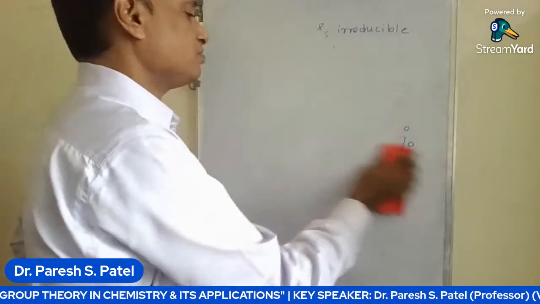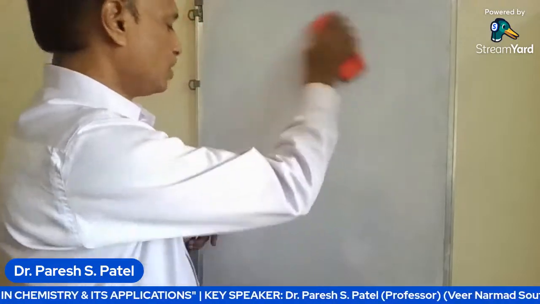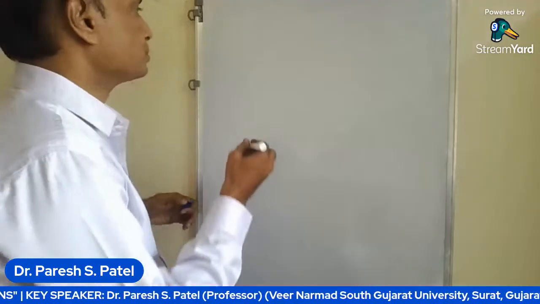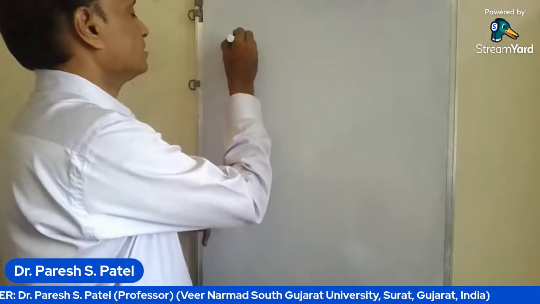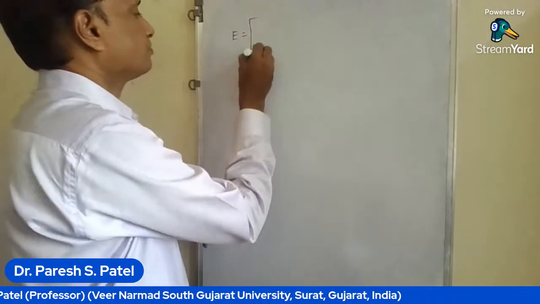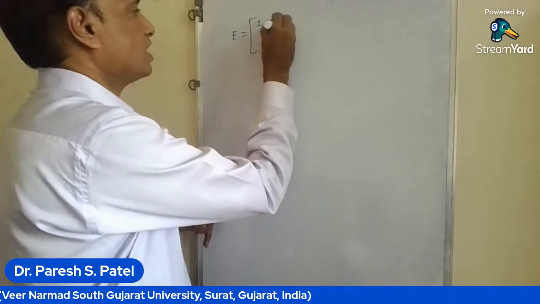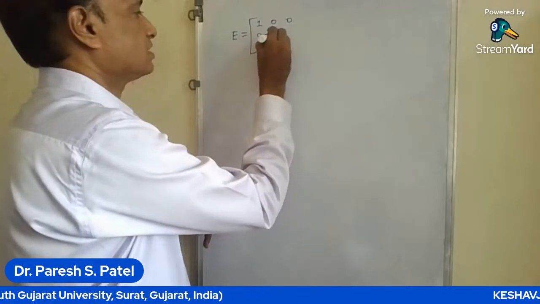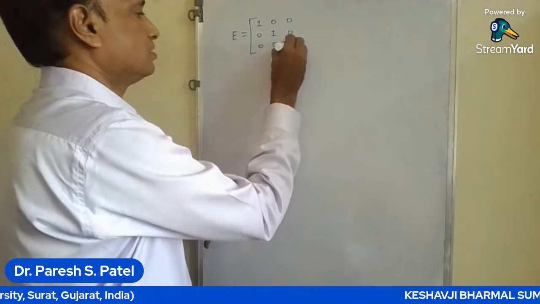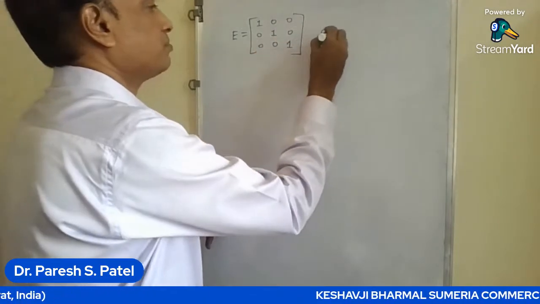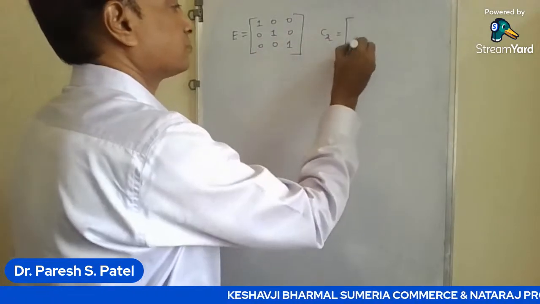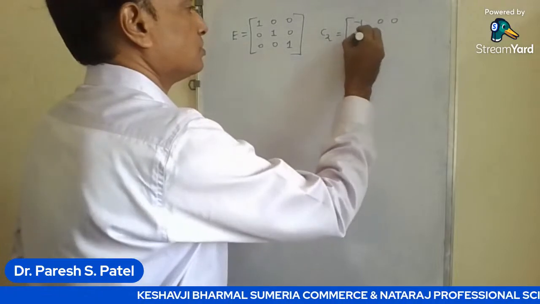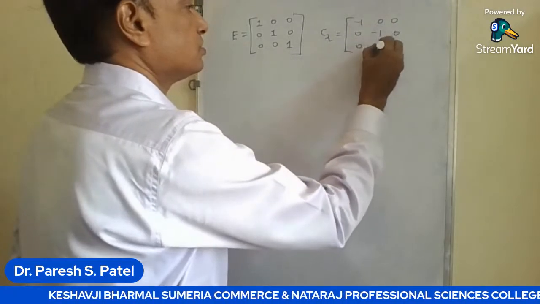First example is the water molecule. The water molecule consists of four different symmetry elements: E, C2, sigma Vxz, and sigma Vyz. Now, the matrix representation for identity can be represented as the identity matrix. C2 can be represented as -1 0 0, 0 -1 0, 0 0 1.